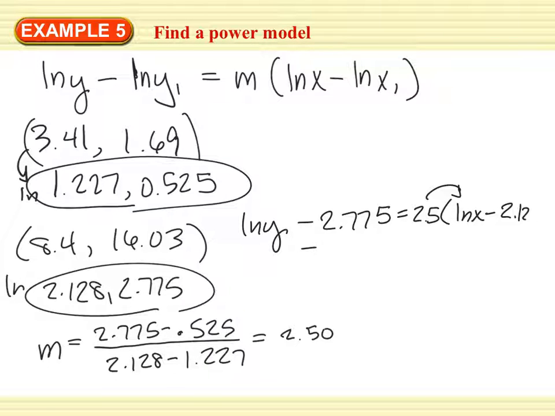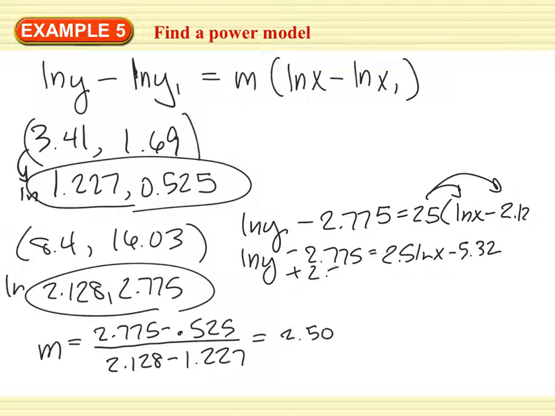All right, first I need to distribute this. So I have log y minus 2.775 equals 2.5 log x minus 2.5 times 2.128, which is 5.32.